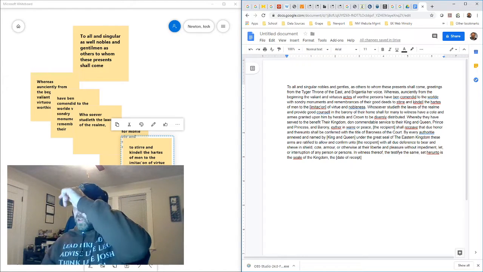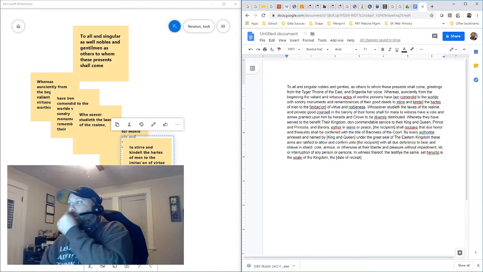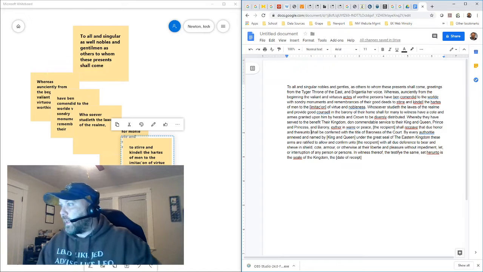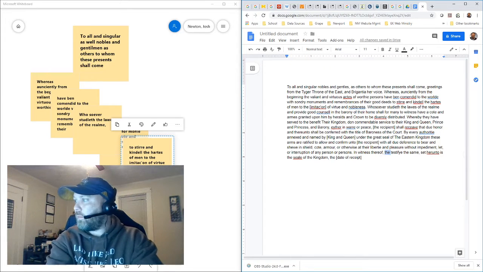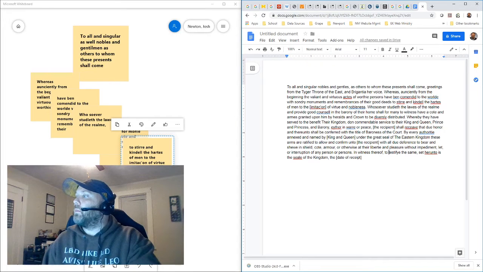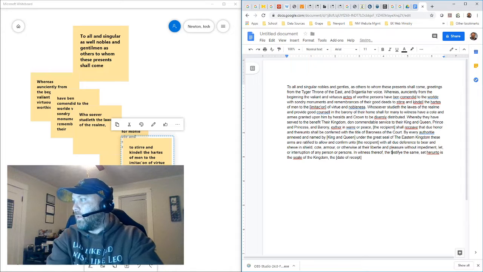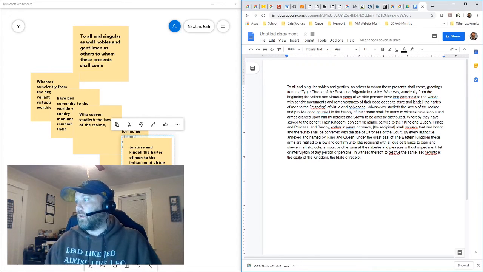These arms are ratified to allow and conform unto, with all due deference to bear and show in shield, coat, armor, or otherwise, at their liberty and pleasure, without impediment, let or interruption of any kingdom or of any person or persons, in witness thereof to testify the same, set hereunto is the seal of the kingdom.